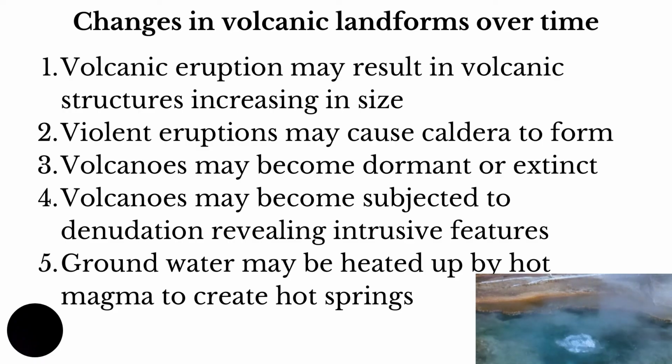Sometimes groundwater may come in contact with hot magma, causing the groundwater to be heated up so that when it is ejected onto the surface, it may be ejected as hot springs.